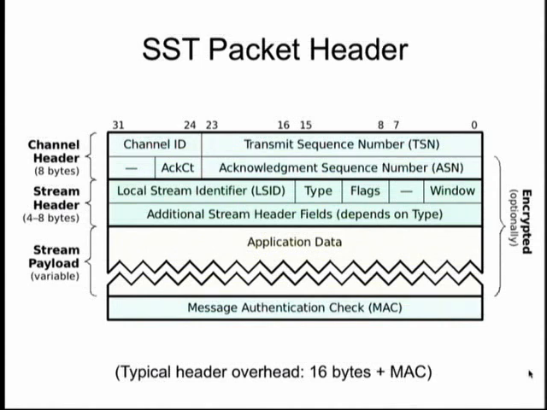Then followed by a stream header that the stream protocol controls, which identifies a stream within a channel, provides flow control and byte sequencing and stuff like that. Finally, the application payload and the message authentication check provided by the channel protocol.